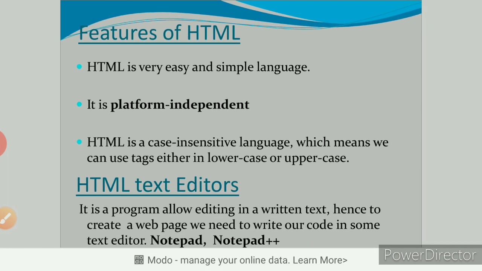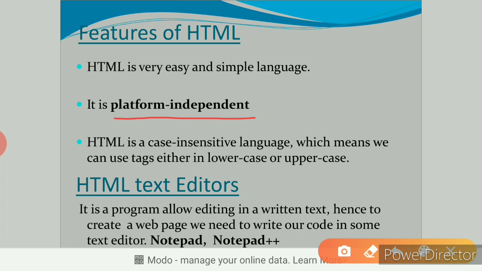So what are the features of HTML? HTML is a very easy and simple language. It is platform independent. Platform independent means it runs on any platform like Windows, Linux, Mac, or we can say any operating system.